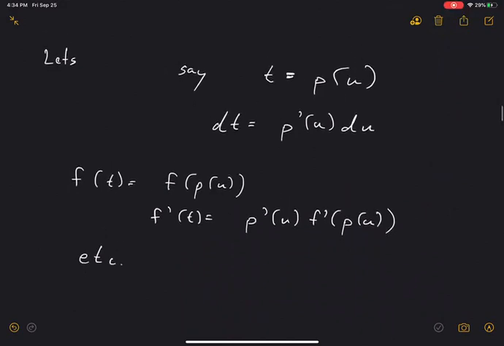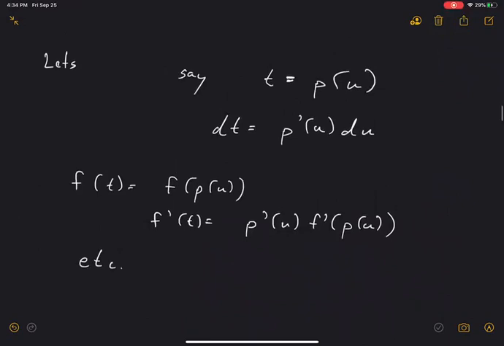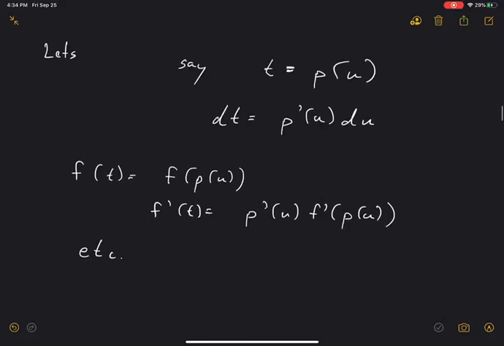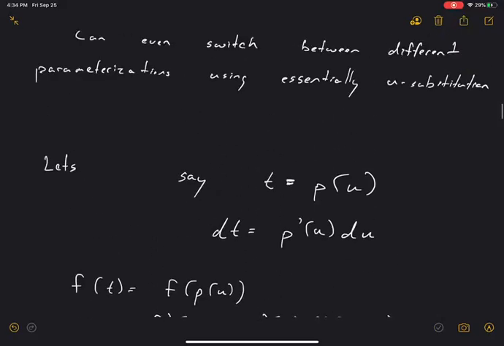If we want to switch between two parameterizations, so if I have this function r of t, where t is my parameter, and I want to switch to some other parameter, I call that a different parameterization. Maybe t and my other parameter, let's call it u, are related somehow.